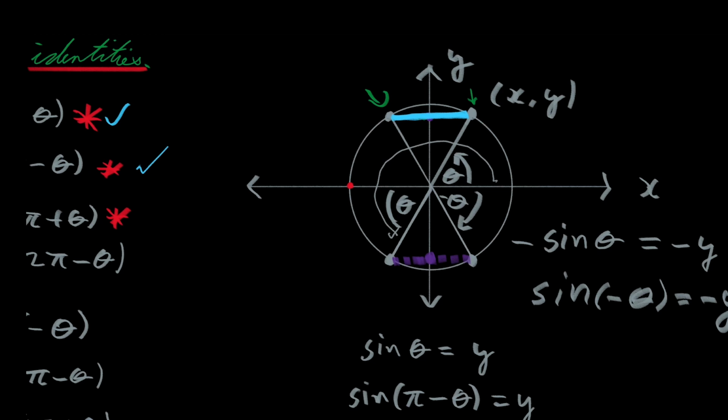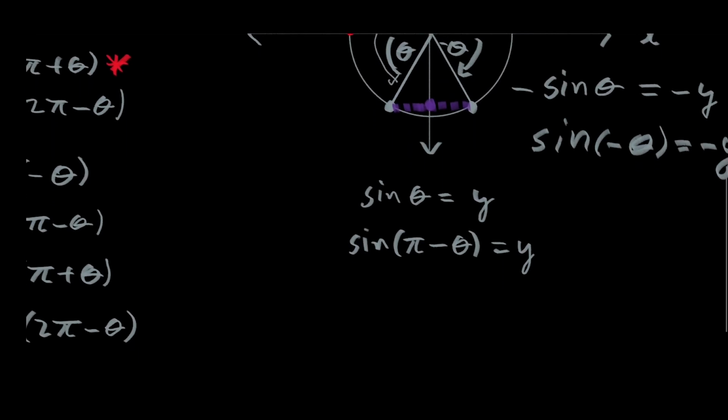It would have the same y value as that point there. So we know there that the sine of theta, I'm just going to give this point coordinates a and b.